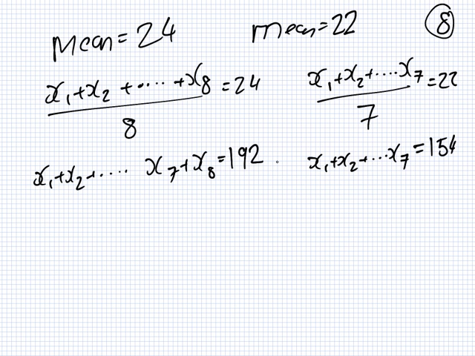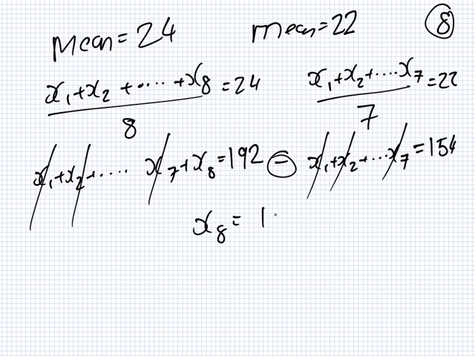So if I just minus these equations, I'm finished, because x1 minus x1 is gone, x2 minus x2 is gone, x7 minus x7 is gone, so we're left with x8 equals 192 minus 154, 38. Alright, that's A10.